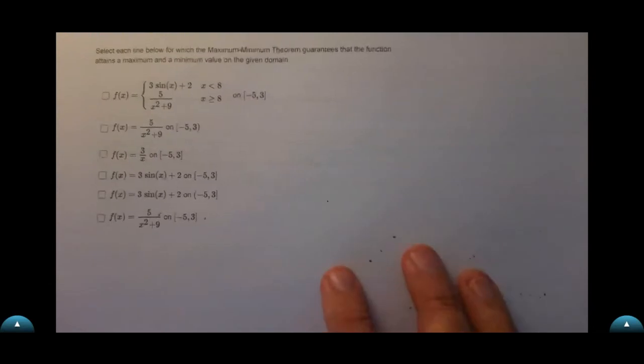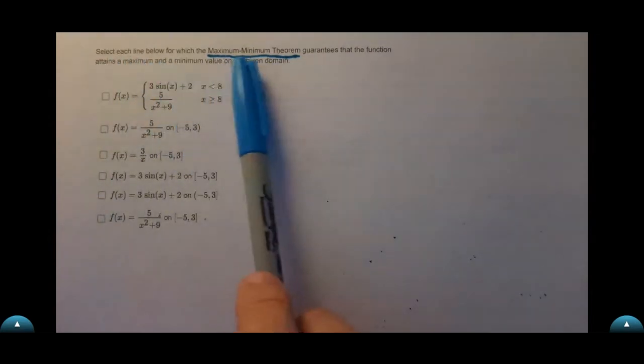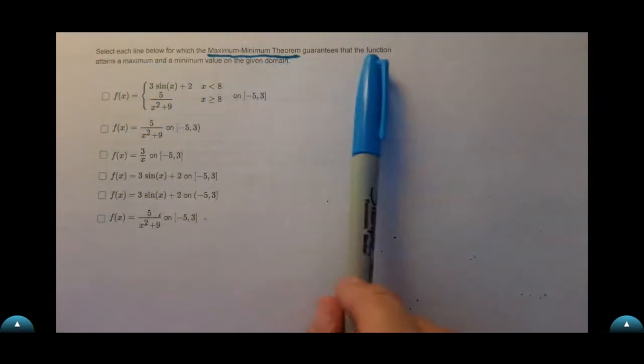All right. Let's look at another one. In this question, it is the maximum minimum theorem. Select each line below for which the maximum minimum theorem guarantees the function attains its max and its min values on the domain.